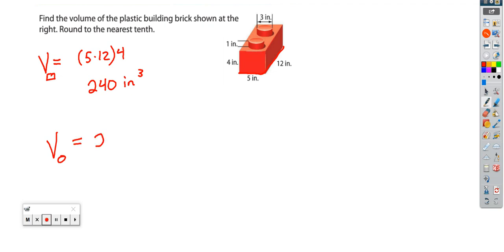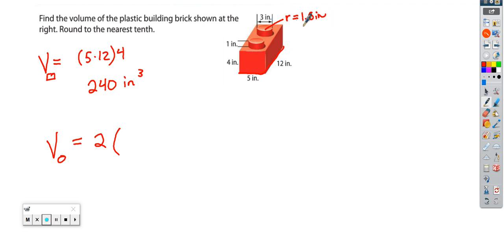So there are 2 cylinders. Now I know to find the volume of my cylinders, I have to find the area of the base. Well, it gives me 3 inches all the way across this circle. That tells me that my radius of each of my bases in my cylinders is 1.5 inches, right?